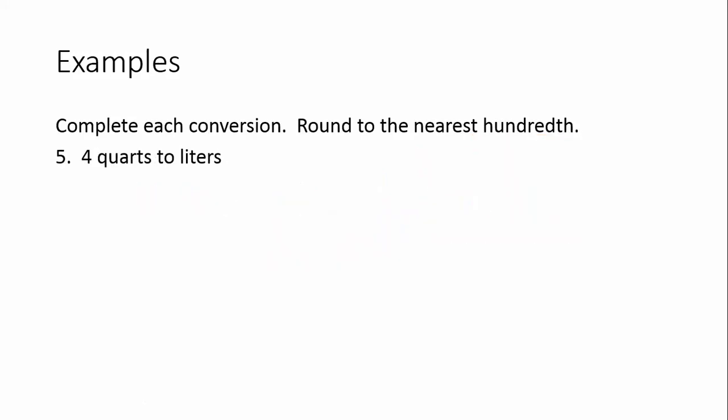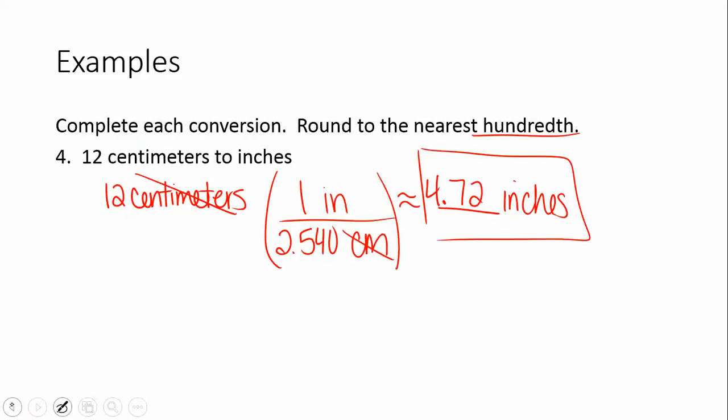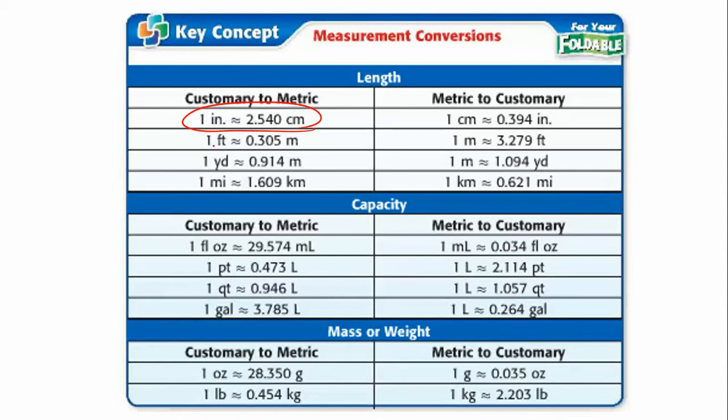Now we're going to convert quarts to liters, and again, this is a customary measurement to a metric. So for quarts, we need some type of conversion, and it's going to equal some amount of liters. So let's go back. How many quarts are in a liter? Customary, we're talking about volume, and you can see here we have 1 quart is about equal to 0.946 liters.